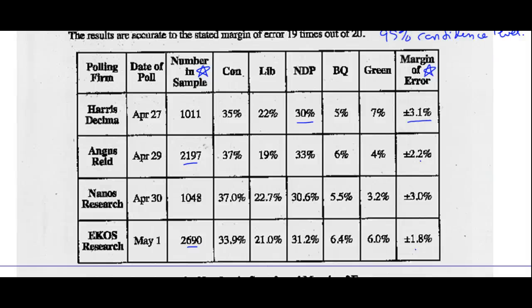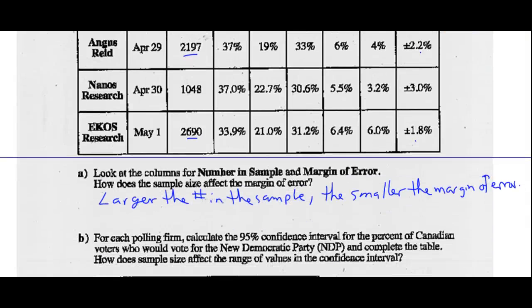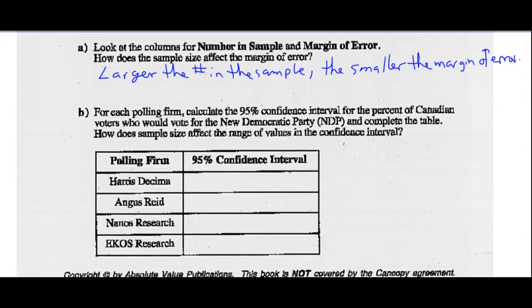So for Harris Decima, it's 30% with a plus or minus 3.1% margin of error. So 30% plus or minus 3.1. So what is that confidence interval? Well, 30 minus 3.1 is going to give us 26.9. And 30 plus 3.1 is going to give us 33.1. So there's our confidence interval, 95% of the time.